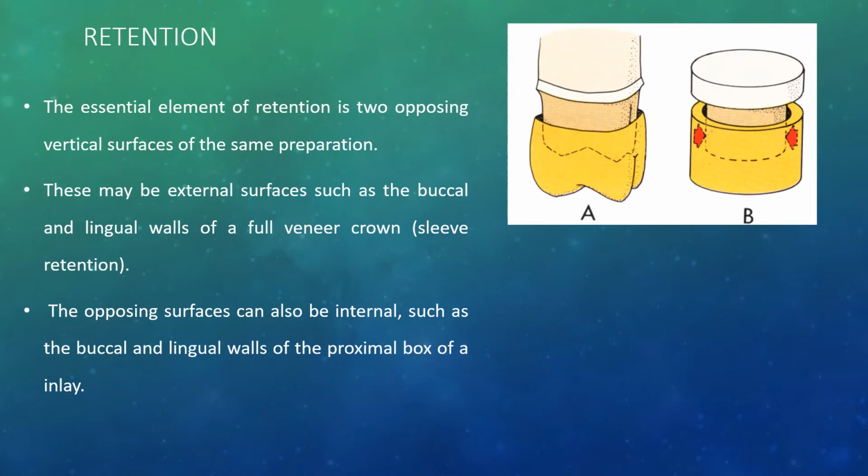The axial walls of the prepared tooth surface, that is either your buccal wall or the lingual wall of a full veneer crown, must be parallel and should not have any undercuts or notches. They should be parallel to the inner surface of the crown, so that your crown will be seated on the tooth in one path, and in the same path it can be removed without any different kind of force leading to fracture of the abutment tooth.